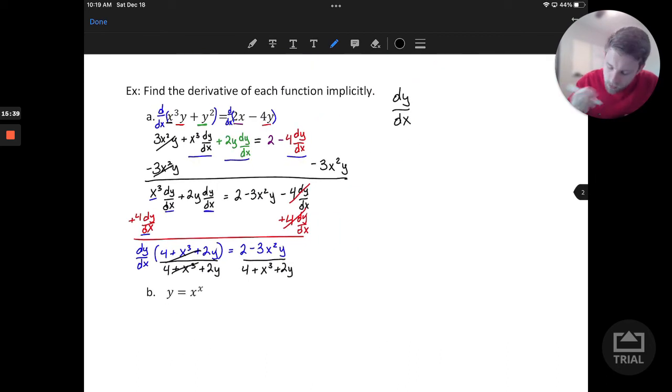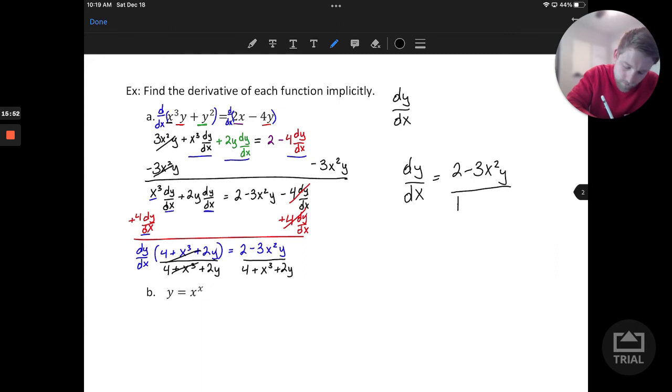And maybe write this on the side a little bit cleaner for the last time. So we have dy dx. That is going to give us the 2 minus 3x squared y. And then we can divide by the 4 plus x cubed plus 2y.